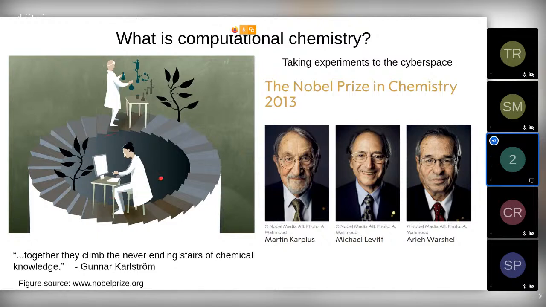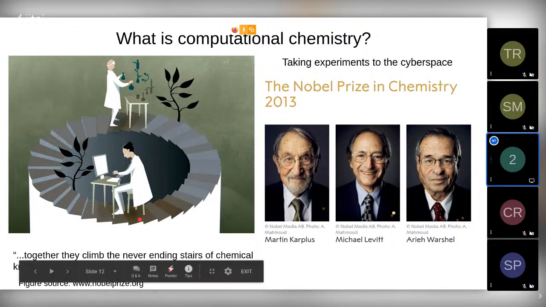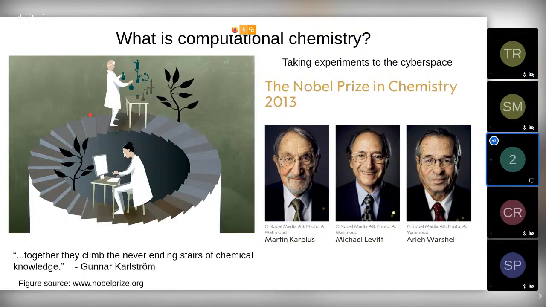This person does theoretical analysis or computational calculations and predicts new reactions or new molecules or new properties of molecules which were not known before, and then he passes on that information to the experimental chemist, who again performs more experiments to verify or nullify some of those claims. And once these results come, they again go to the computational chemist for further analysis.